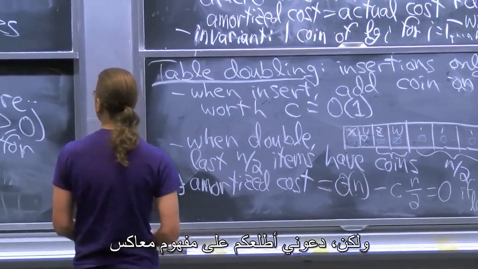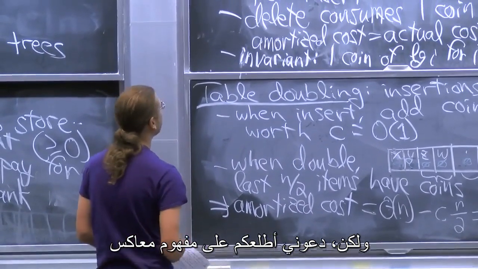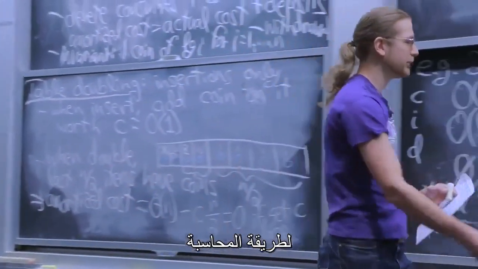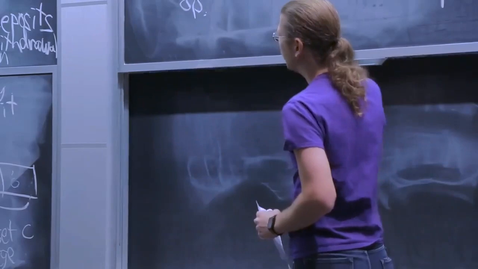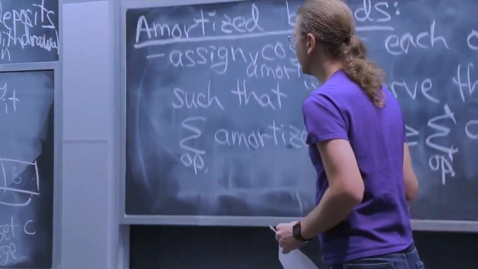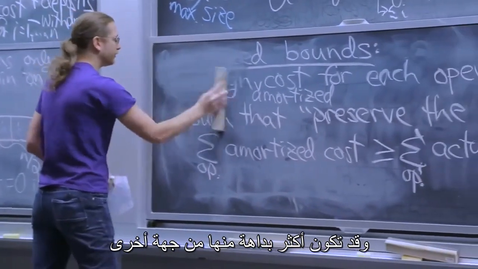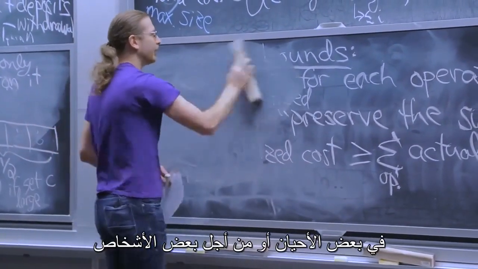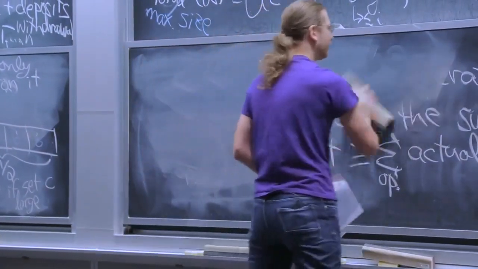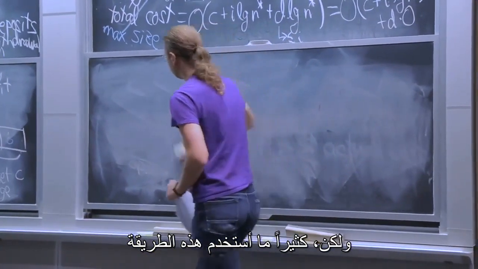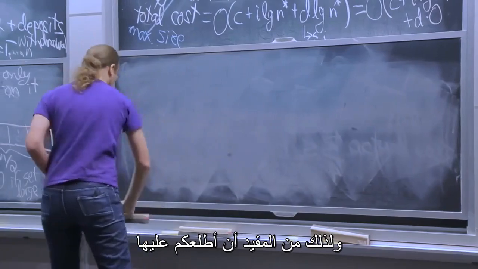But let me give you a kind of reverse perspective on the accounting method. It's again equivalent in a certain sense, but in another sense maybe more intuitive some of the time for some people. It's actually not in the textbook, but it's the one I use the most, so I figure it's worth teaching.